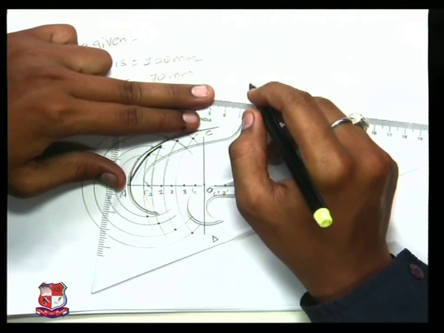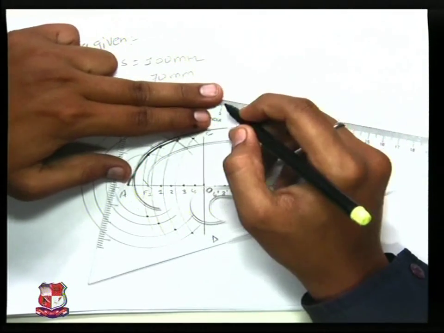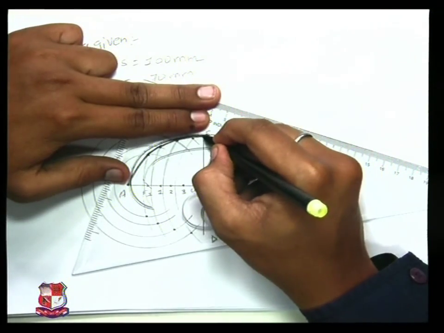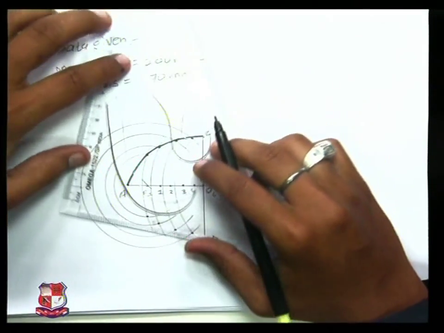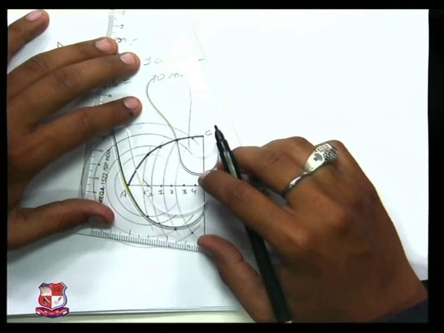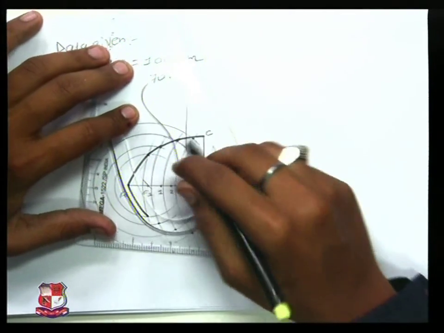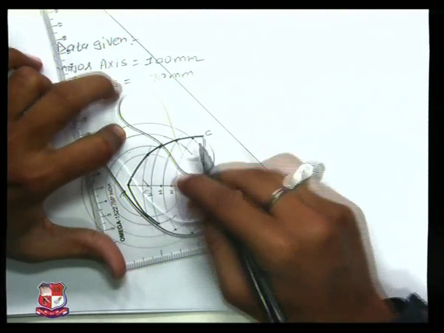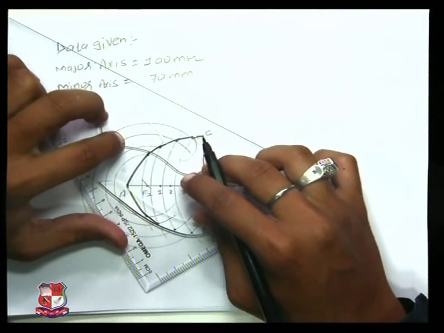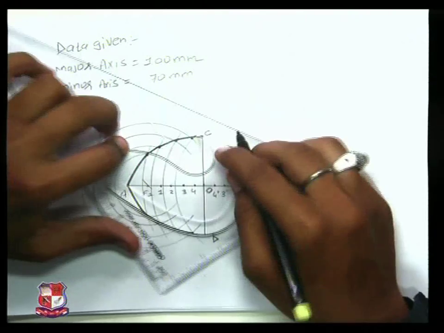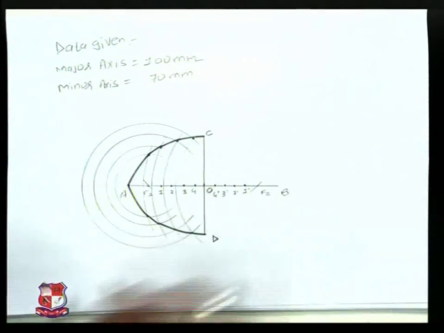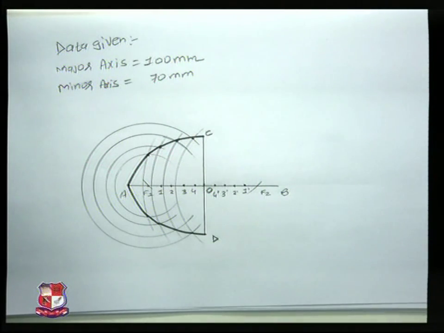Join it with a very smooth curve, like this, on both the sides. Like this, half ellipse has been done.